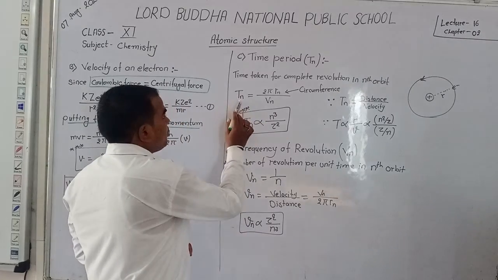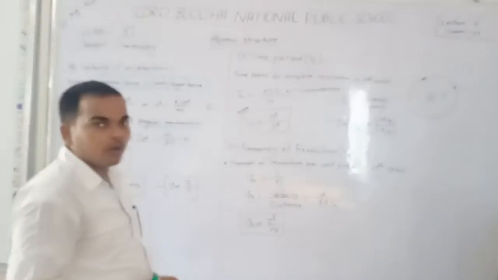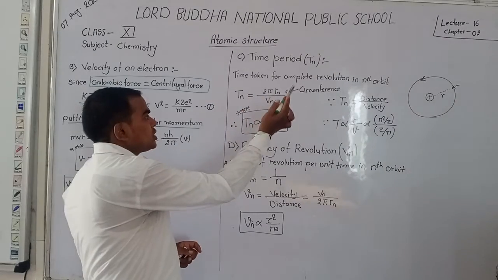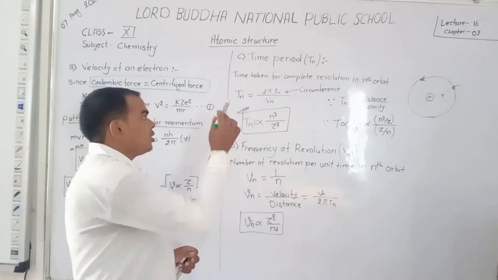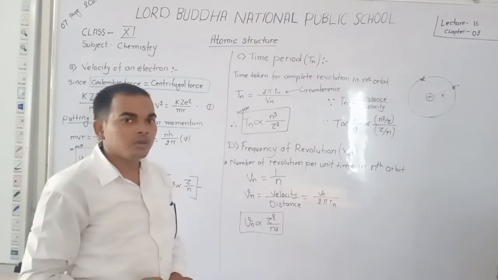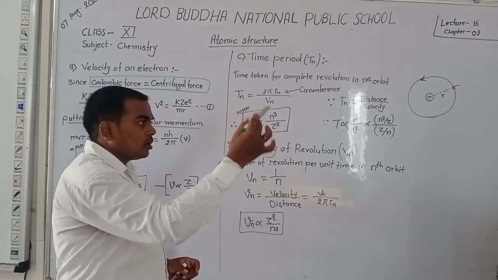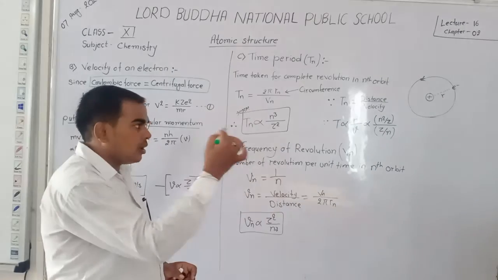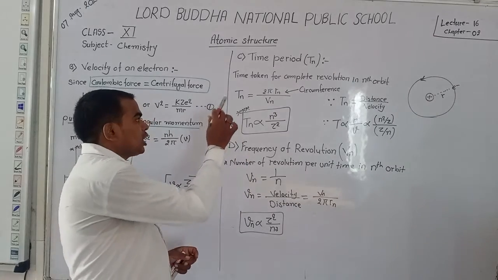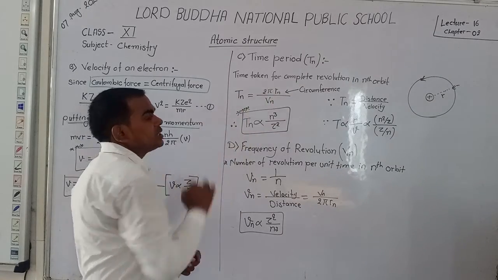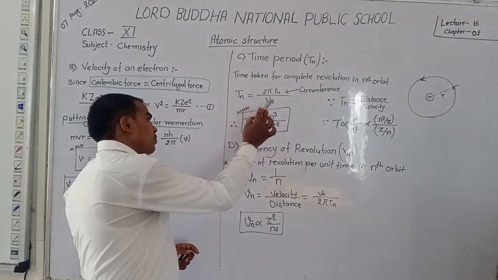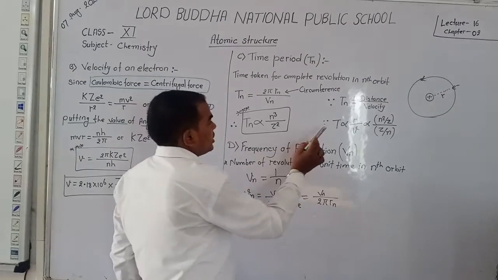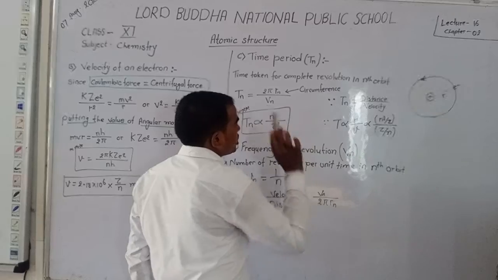It means the time taken by an electron to complete a revolution in the nth orbit is directly proportional to the radius of the nth shell and inversely proportional to the velocity of the electron which revolves in the nth shell. So T is directly proportional to R and inversely proportional to V.